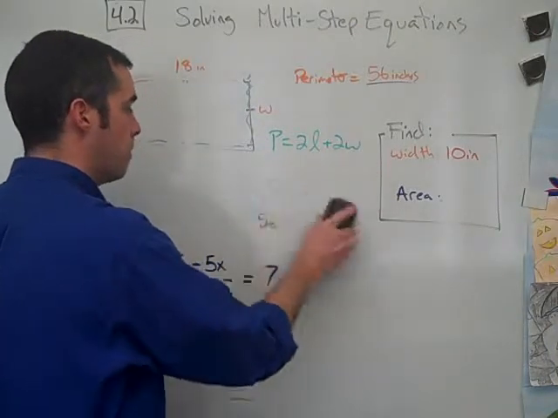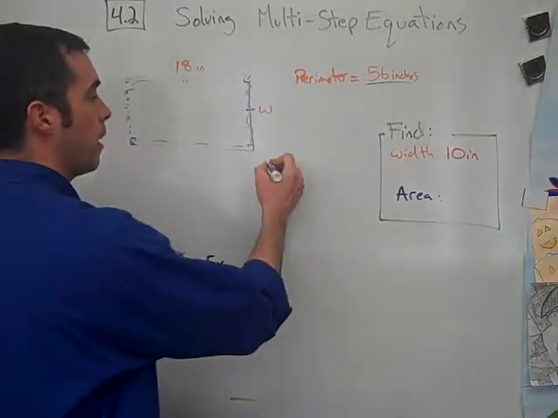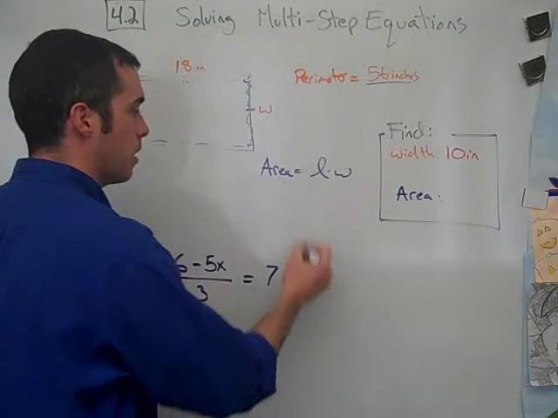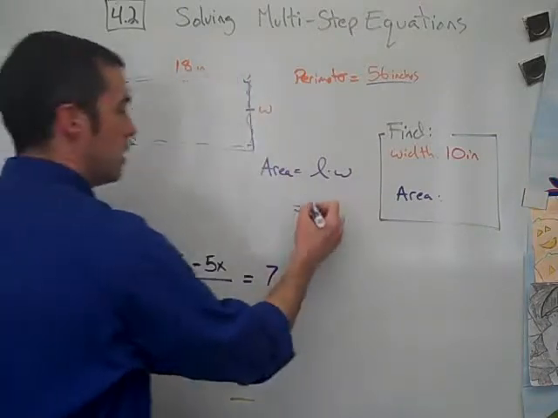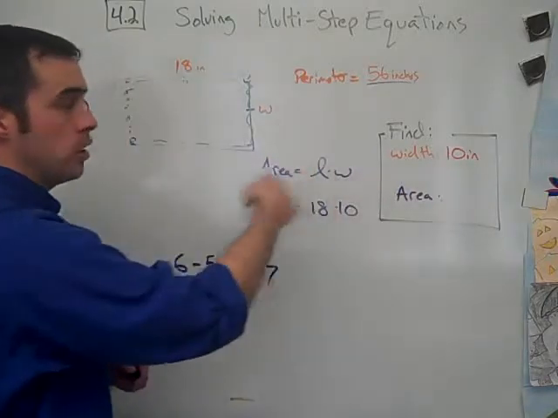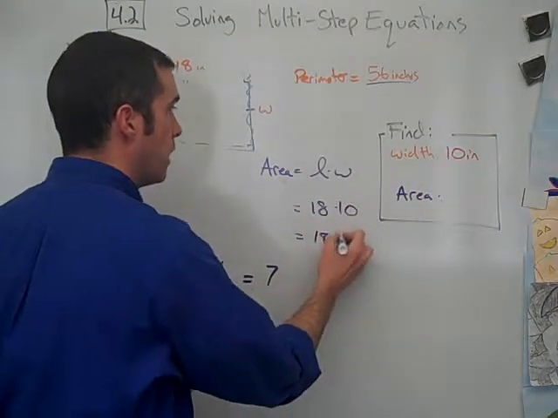Now for the area. Our area formula for a rectangle, area equals length times width. I now have a length of 18 and a width of 10. I had to find that measurement in order to do this second part. My area is 180.